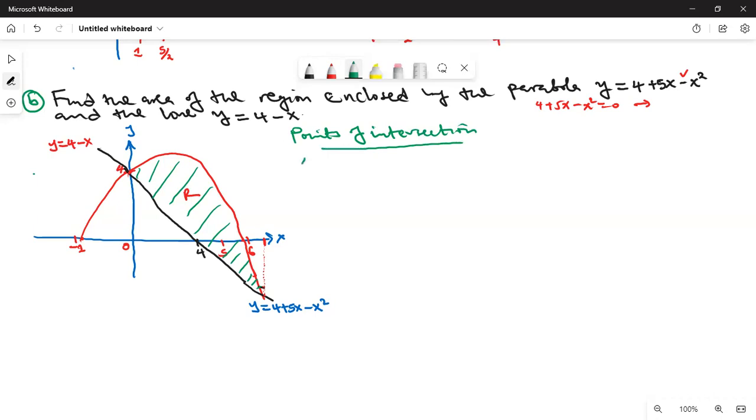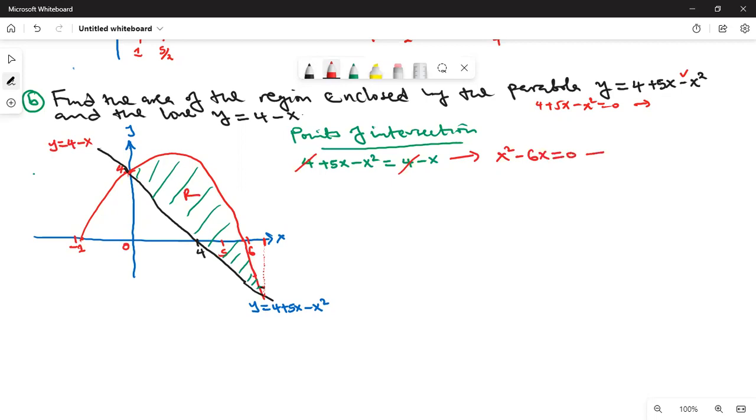We say that 4 plus 5x minus x squared is equals to the other one, what's 4 minus x. And you see the 4 will cancel with this. So this means that when I take everything to the right, I'll have x squared minus 6x, x squared minus 6x is equals to 0.